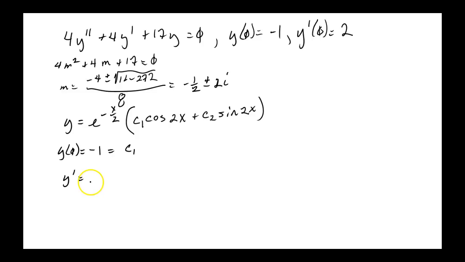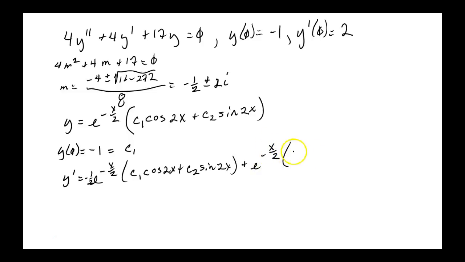We'll take the derivative of e first: negative 1/2 e to the minus x over 2 times c1 cosine 2x plus c2 sine 2x, plus e to the minus x over 2 times. Okay, so out front, we're going to have something.